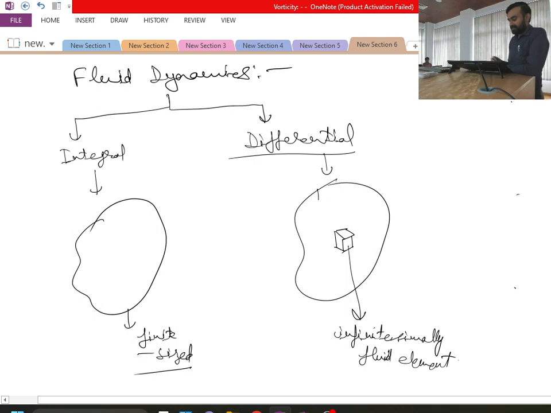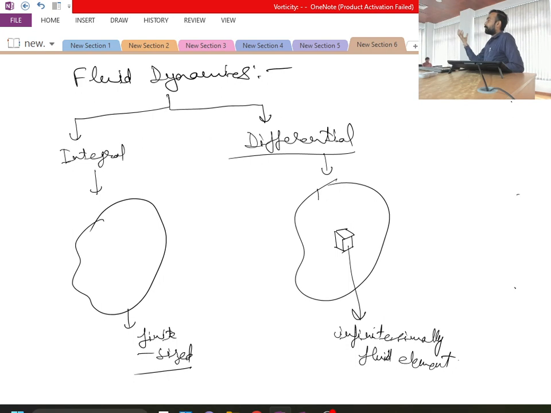So the difference is that whenever I am talking about the finite sized control volume, I will be looking at the properties as a whole. Okay, and there may be variations of properties within this particular finite sized volume, but ultimately we will be referring to the unique representation in terms of the integral.